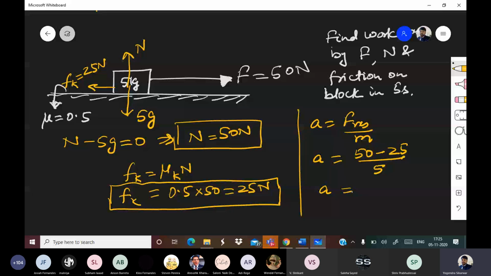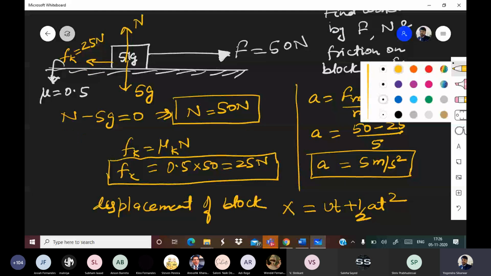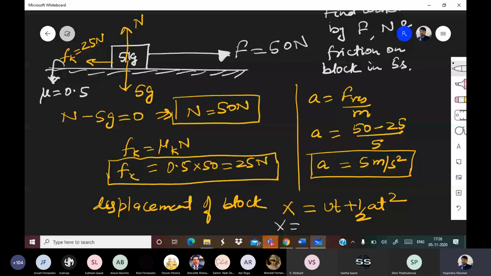Now using this acceleration, we can find displacement of the block. X is equal to ut plus half at square. We can use this equation because acceleration is constant. So X is half into A into time, given as 5 seconds, 5 square.